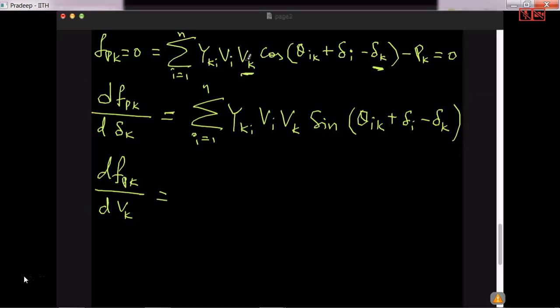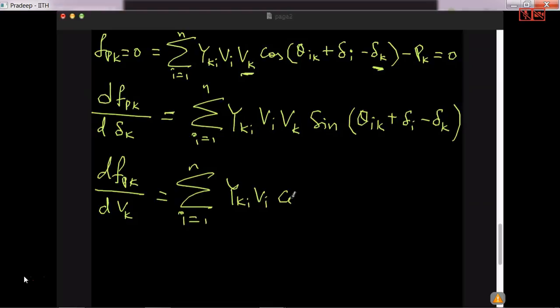It is like differentiation of some coefficient times Vk. So I'll get the sum from i equal to 1 to n of yki vi cos of (theta ik plus delta i minus delta k). Pk is a constant, so its differentiation is 0. So this entire thing is the differentiation of the function with respect to Vk.